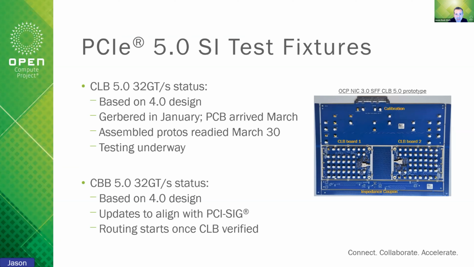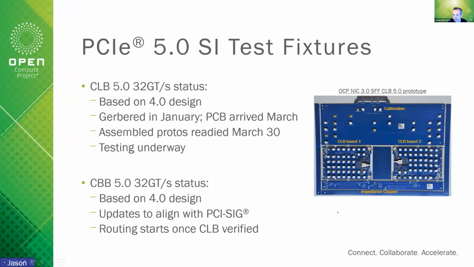We also have to do some updates for PCIe SIG. So they are now requiring some features like the split spectrum as part of conformance. So those signals have to be updated for that. Once we start getting some results from the CLB, we'll take that information and we'll start routing the CBB. So we're hoping to have that started, probably next month, on the routing portion of that.